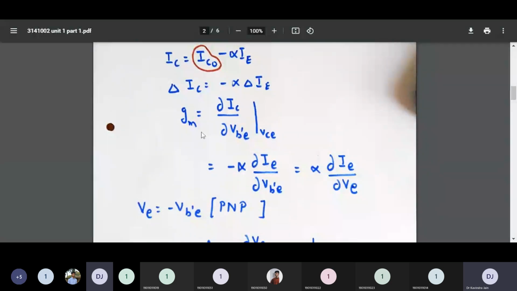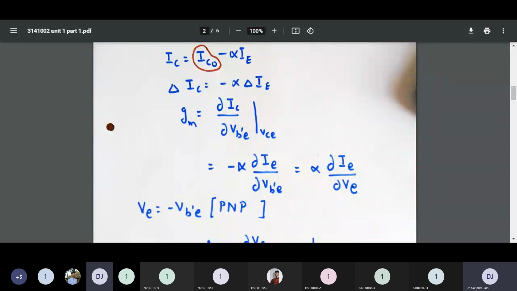From this we calculate gm is equal to alpha upon re. This alpha upon re is nothing but the emitter diode in forward bias, and re is nothing but Vt upon Ie. What is Vt? Vt we have already done, that is the thermal voltage.